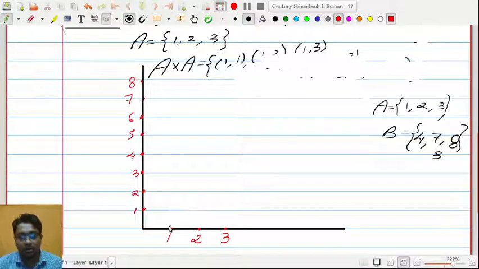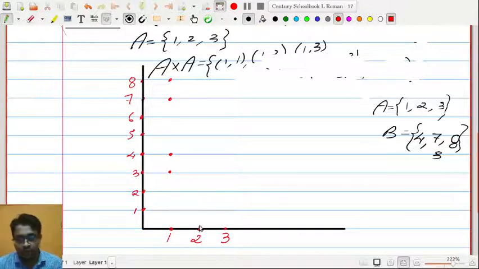So what will be the elements of A cross B? The first element will be (1, 4): 1 is paired with 4, so the point will be somewhere here. 1 is paired with 7, 1 is also paired with 8, 1 is paired with 3.